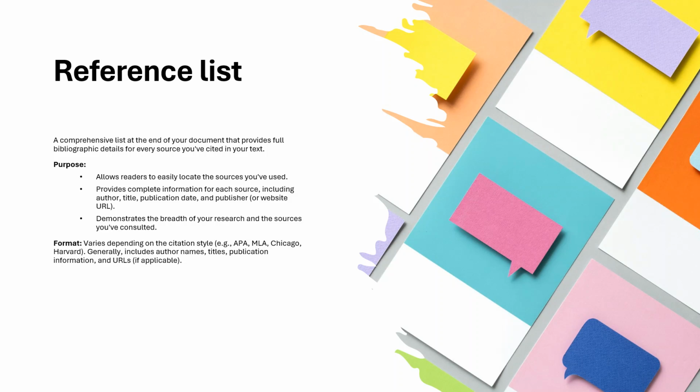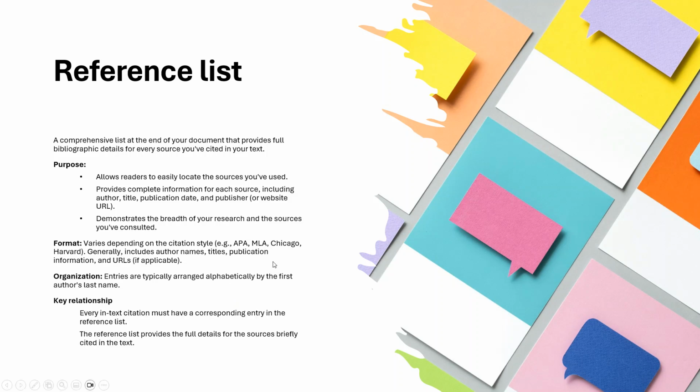So generally, like I said before, it includes authors' names, titles, publication information, and URLs if applicable. Entries are typically arranged alphabetically by the first author's surname, and every in-text citation must have a corresponding entry in the reference list.